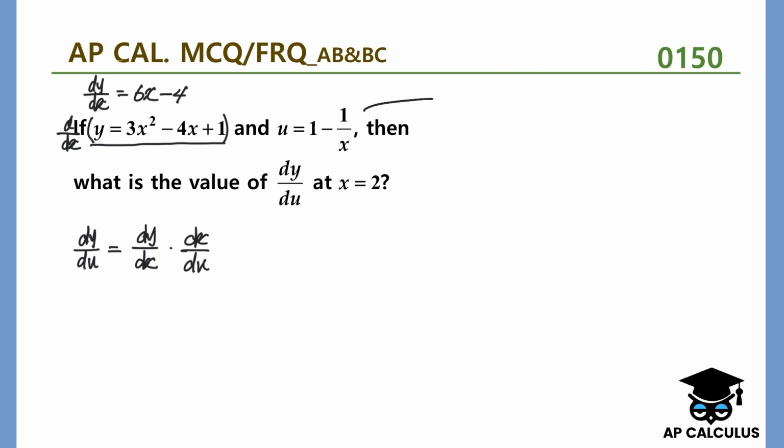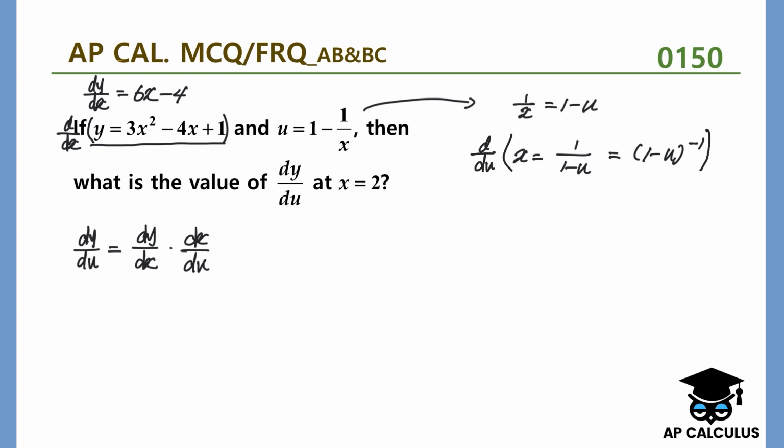Okay, so let's rewrite this. Here, 1 over x is equal to 1 minus u. So x is equal to 1 over 1 minus u, right? So that is equal to 1 minus u to the power of negative 1. So let's differentiate this with respect to u.